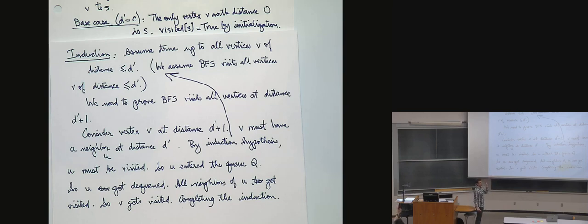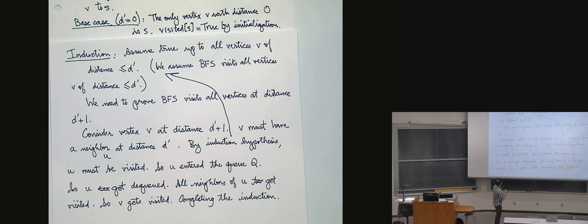Yeah. Behind. Again, the same question. That what you just said means that the predecessor of V is U. No, so the thing is there could be multiple neighbors. It could be that maybe V had two neighbors, U and W, both at distance D, and I'm not sure which one became the predecessor.